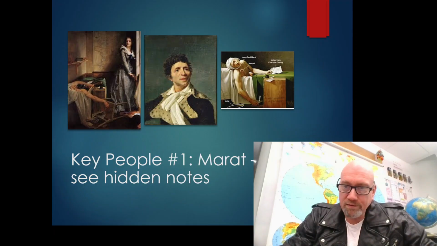This means he had to have medical treatments, a special bath for his skin illness. This was why he is depicted in these paintings having this bath where he is writing while sitting in a bathtub. He wrote very radical revolutionary articles demanding more radical actions.